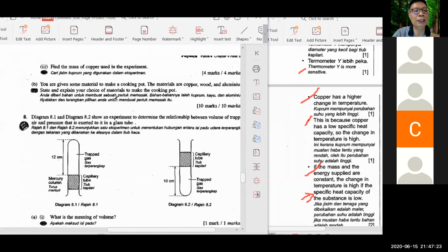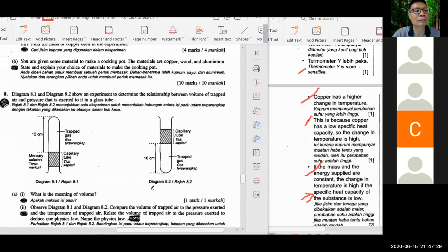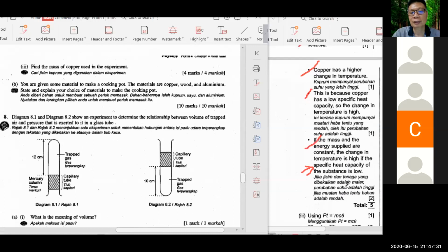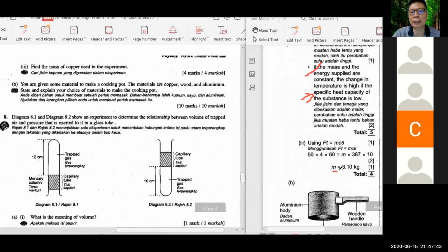Find the mass. P T equals m c theta. So you find the m, find the mass. So got the answer, 4 marks. Here, P T equals m c theta. Power 50 times 4 times 60 seconds equals m c theta. So we find that m is 3.10 kilogram. Okay, so use this formula, P T equals m c theta.